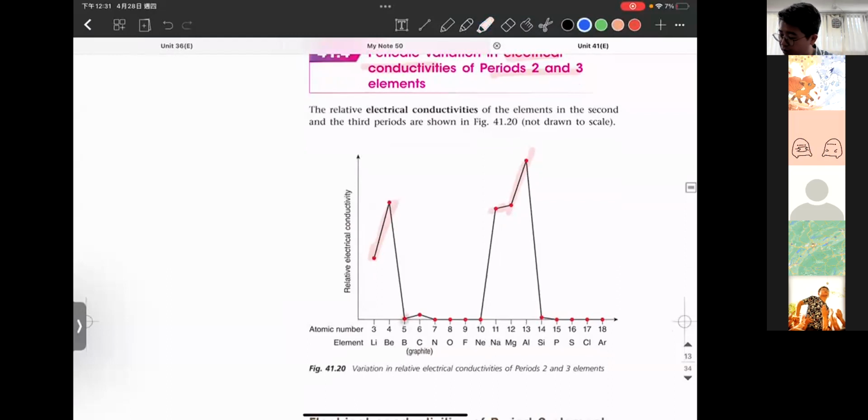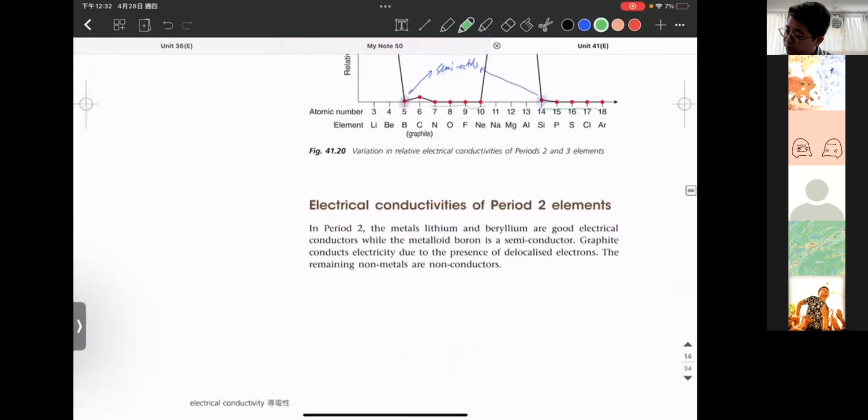I try to use a different color highlight now. These two, boron and silicon, are semi-metal. So mark it as metal, metal. The blue one here is semi-metal, and also this one is semi-metal. For the remaining, they are non-metal.